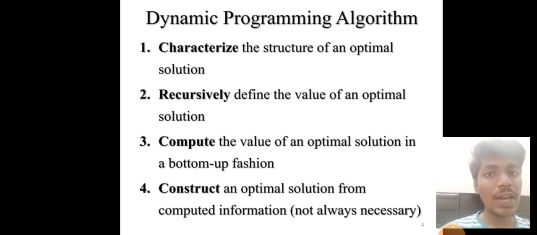If we want to calculate the solution for the same set of values again, it is not recalculated but taken from the table where it is stored. Then compute the value of an optimal solution in a bottom-up fashion, that means from the leaf nodes to the root node, the values are calculated. Finally, construct an optimal solution from the computed information.